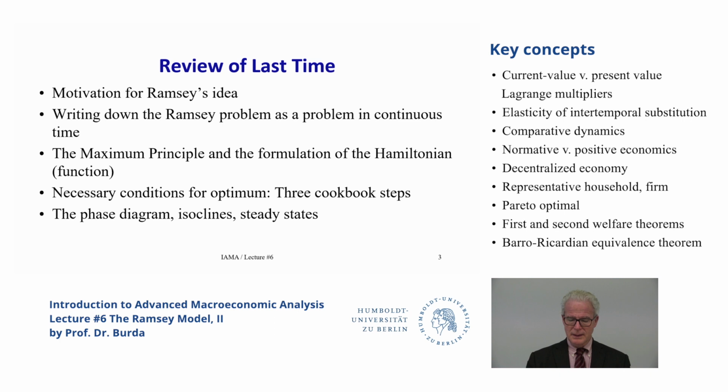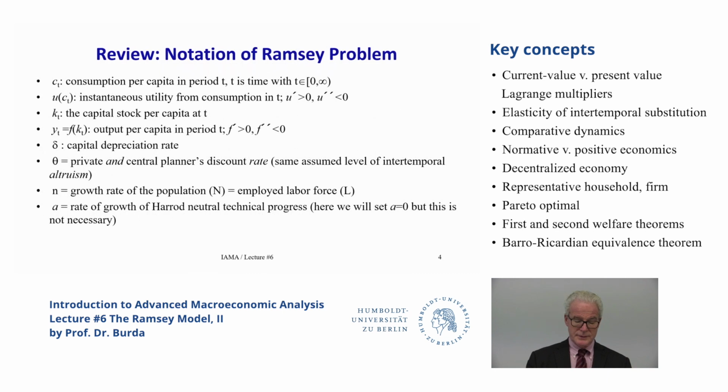Every other path that begins off this saddle path would eventually lead to results, either infinite consumption or zero consumption, or basically unsustainable paths. So with an eye to the steady state, we will restrict our attention to these saddle-stable solutions to the Ramsey problem.